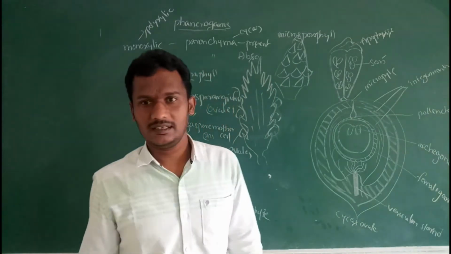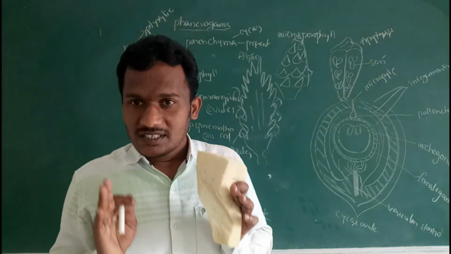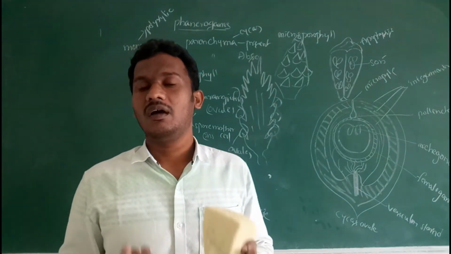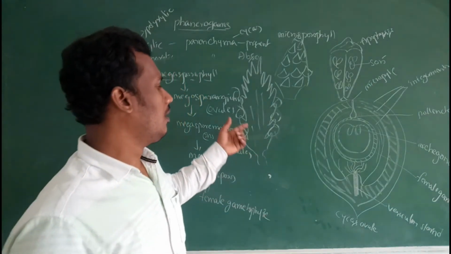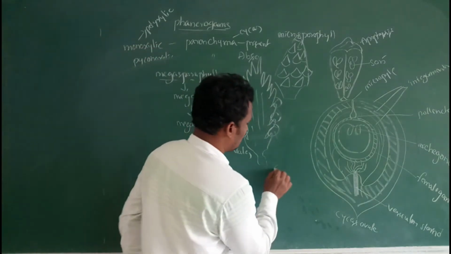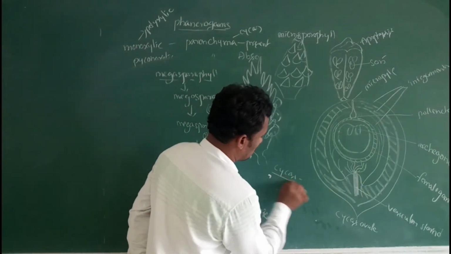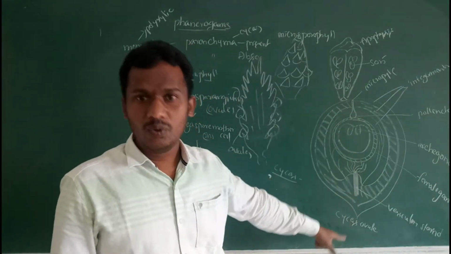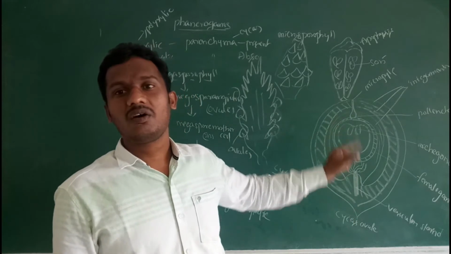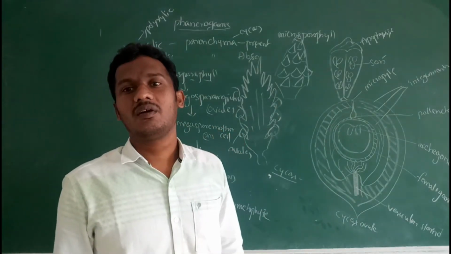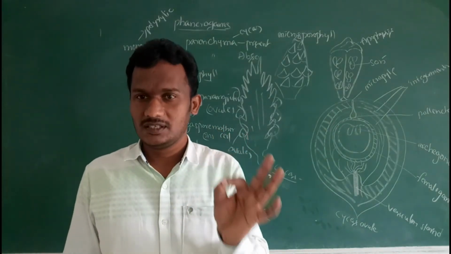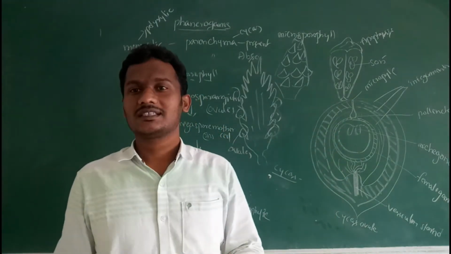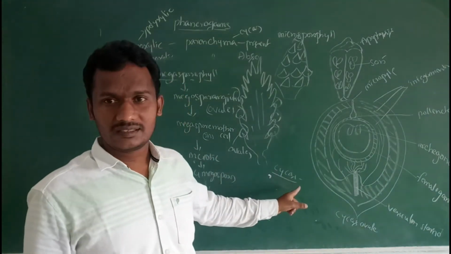And in Cycas, the largest male cone, largest sperm, largest ovule, and largest egg are present. So Cycas has the largest ovule, largest egg, largest male cone and largest sperm.